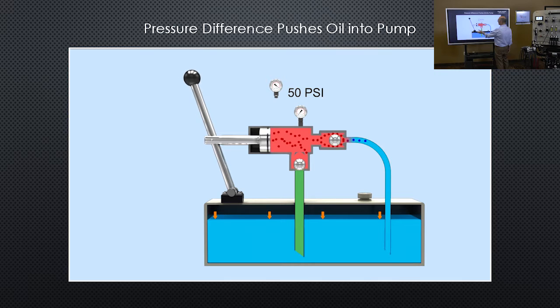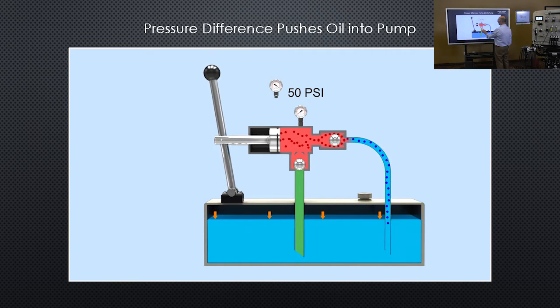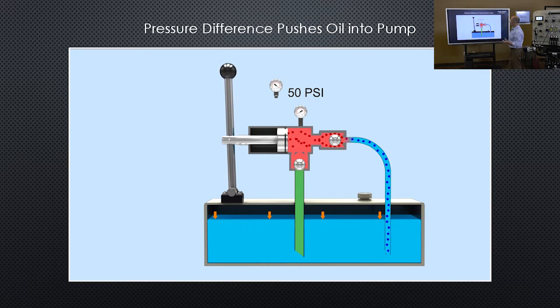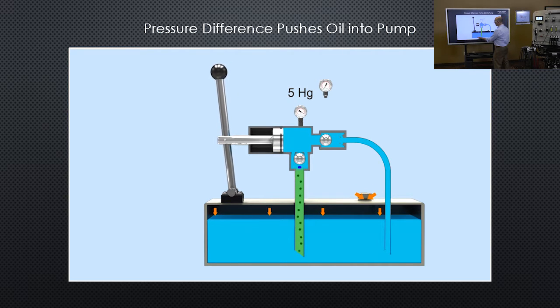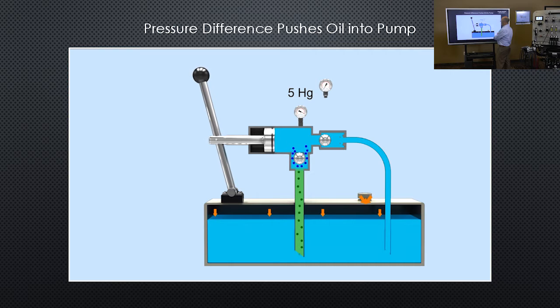I'll put a pressure gauge in now and I'll push the lever in the opposite direction. Check valve closes, check valve opens, and of course the pushing action of the piston pushes the oil out of the pump. And that's simply how all hydraulic pumps work, on the basis of an increasing and decreasing volume.